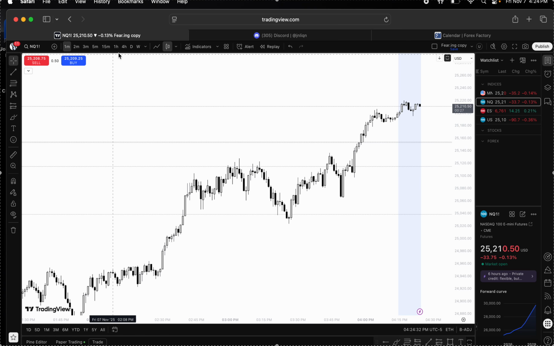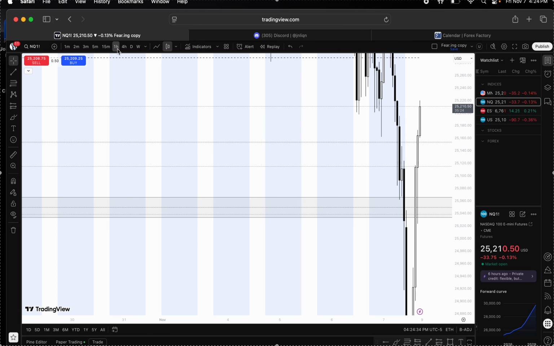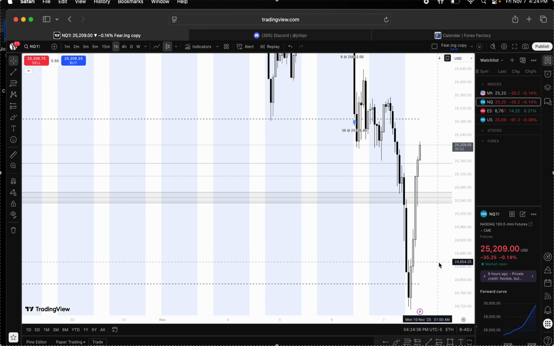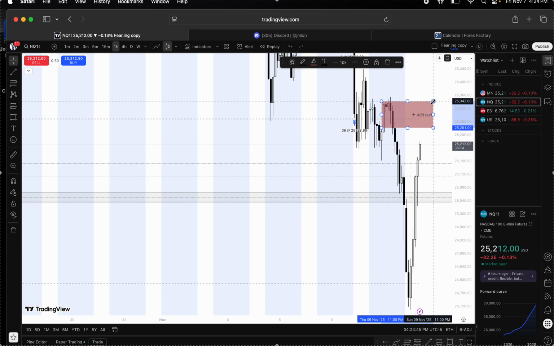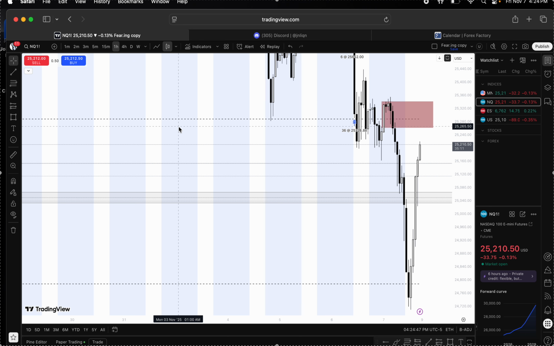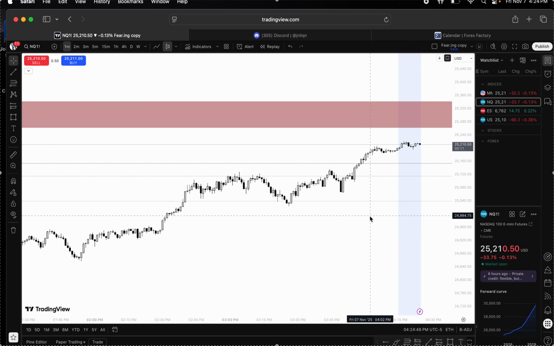For example, on the 1 hour, there is resting liquidity right here. I'll mark it out, or even better, right here. Inverse, you can mark that out on the 1 minute and just anchor it. You can mark out the standard deviation from the 1 hour.